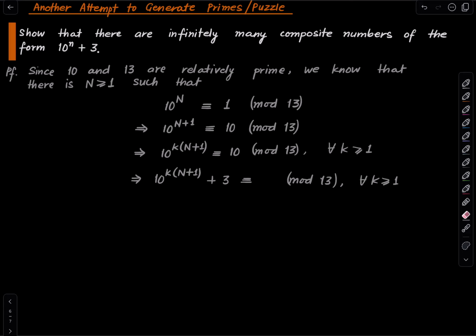And this I can write as 0, which implies that 13 divides it. Right, and therefore, infinitely many of them are not prime. In fact, all of them are greater than 13, and hence none of them are prime. They have a divisor 13, but none of them are equal to 13. So none of them are primes. That's it. All of them are composite.